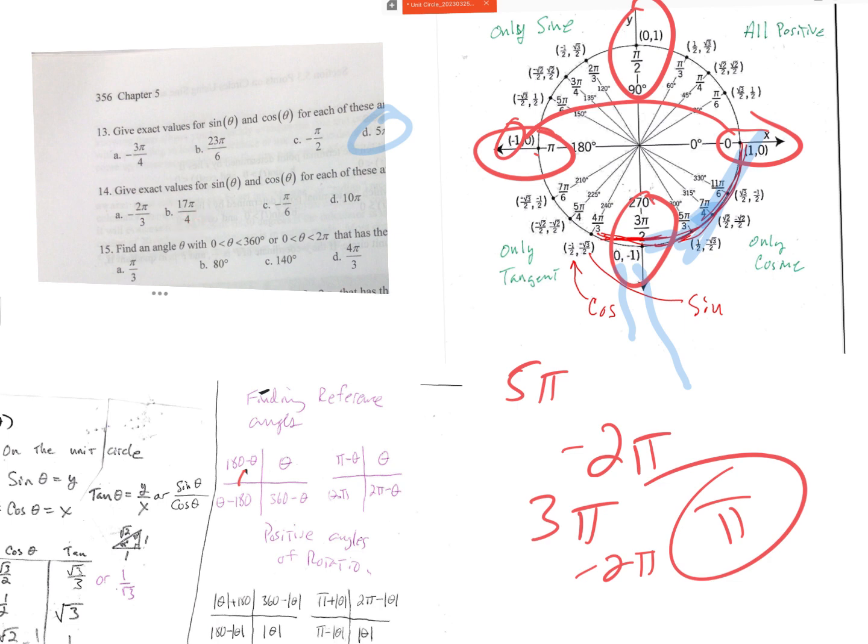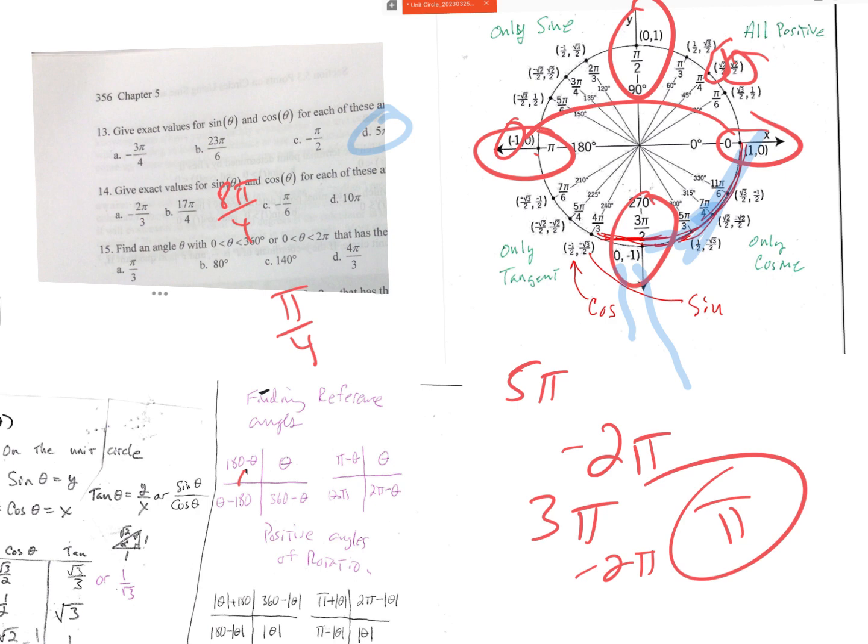So we know there are going to be 8 pi over 4 in 1 revolution. So take away 8 from 17 until you get a number less than 8. What is that? If it's 8 pi, 2 times 8 is 16. That's going to leave you 1 pi over 4 left. So this angle is the same as 1 pi over 4. There's the cosine, here's the sine.